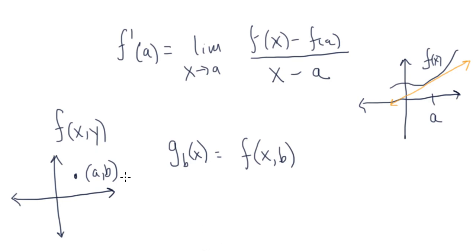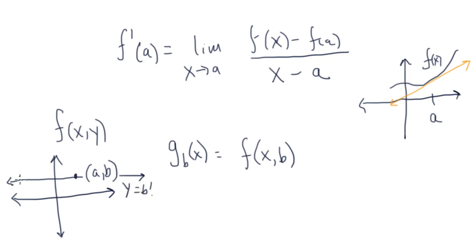So what I'm going to do, if I'm looking for a derivative at the point a, b, is I'm just going to fix the y value. And now what that does is that gives us a function of one variable. And now the domain of that function of one variable is this line y equals b.